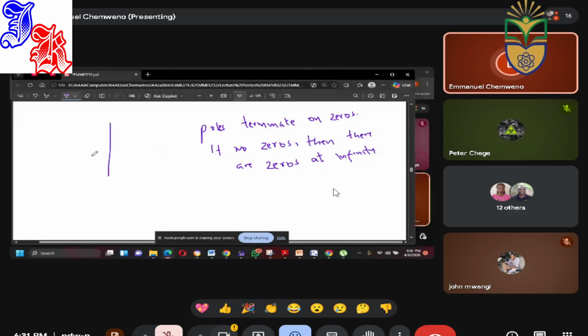That is, if you have one pole, then it will terminate at infinity. How does it terminate at infinity? We are going to look at it shortly. But if there was a 0 and a pole, it will terminate at the 0.